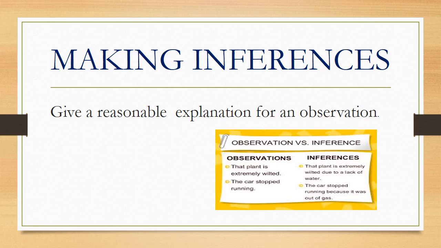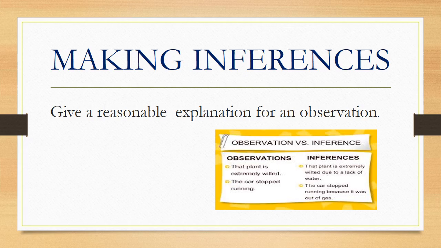The next science process skill is making inferences. Inferences. What does it mean? Making inferences is giving a reasonable explanation for an observation. Remember, observation is not the same as inference. Observation, as we learned before, we use our senses.